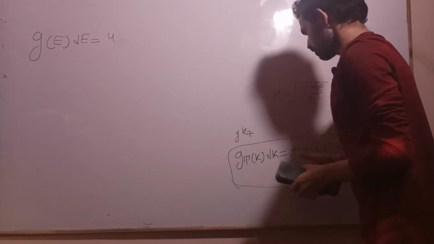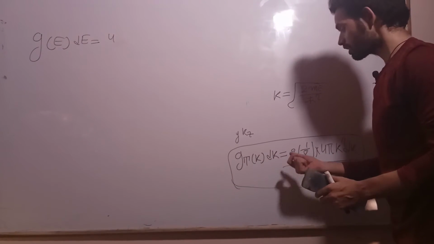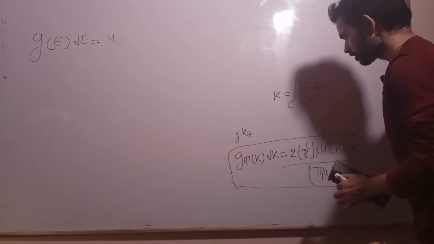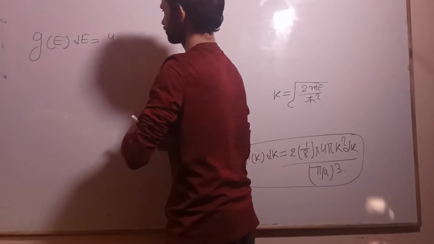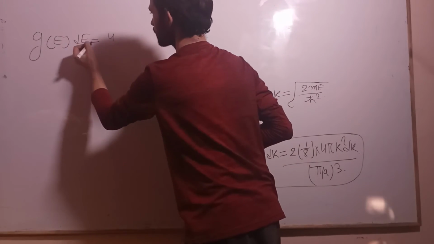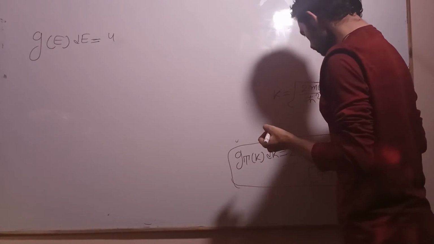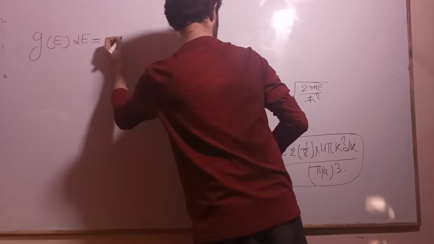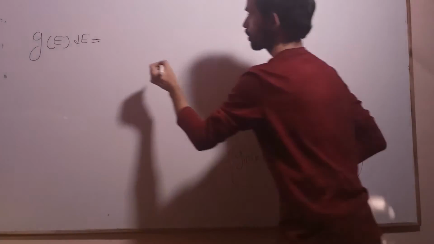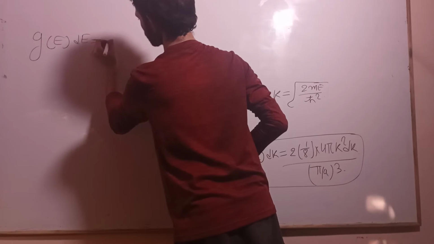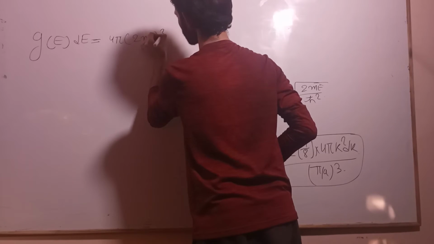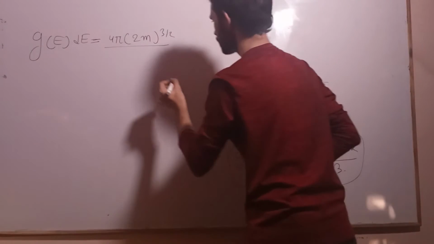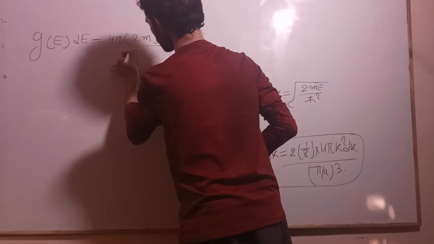Okay student, so this is the density of allowed state. Okay, so let us see, if we solve this, what we will get. See here, this g of E dE is equal to 4 pi into (2m) to the power 3 by 2 divided by h cube.